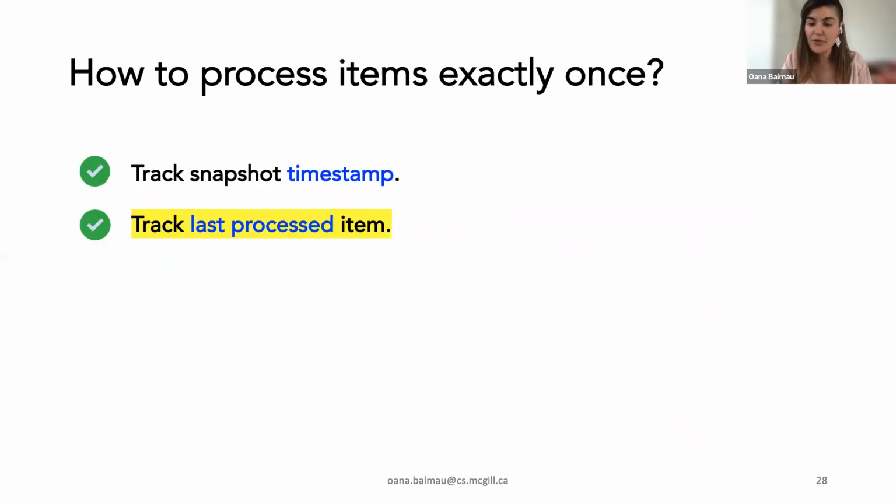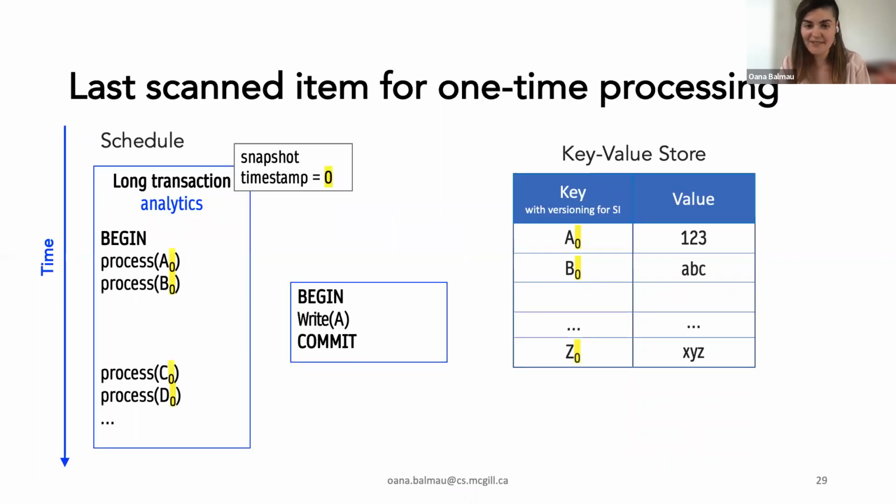We also need to track the last processed item for similar reasons. So assume again the same example where we have the scan running and we want to update A this time.